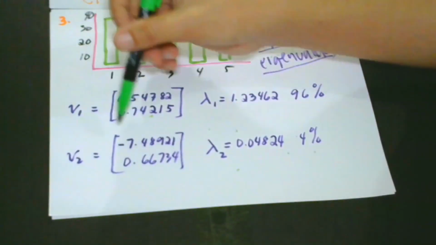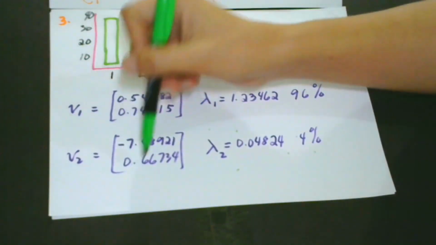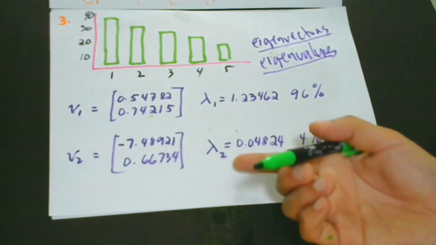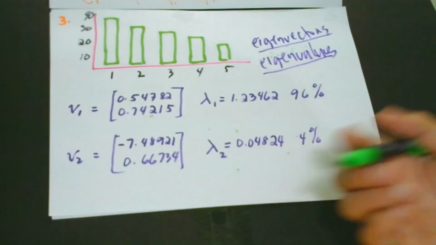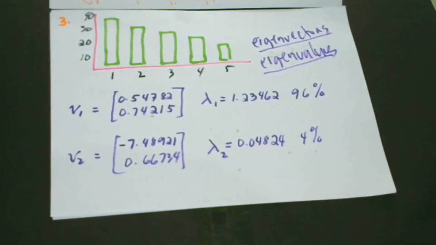For the V2, we have 7.48921 and 0.66734, and its corresponding eigenvalue is 0.04824.